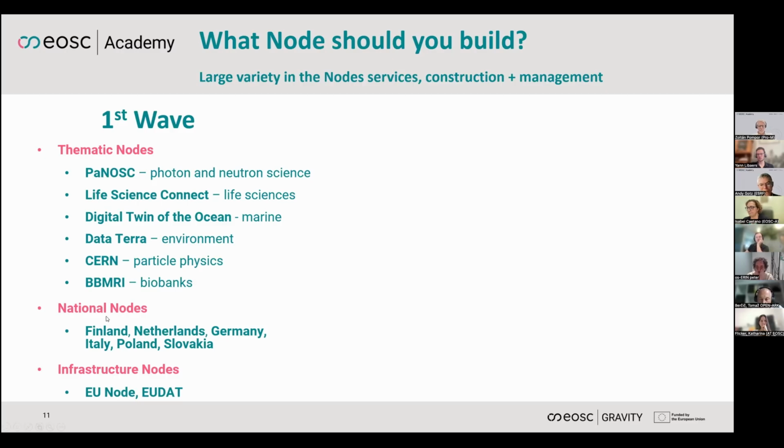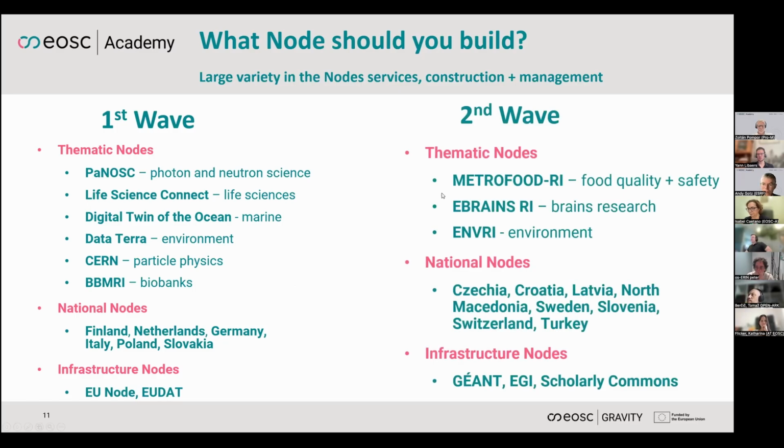Then you have national nodes, which are collecting or offering a common interface to national resources. And then finally, you have the infrastructure nodes, so the EU node and EU DAT. These were all part of the first wave. In the second wave, we got some more nodes as well. The second wave was agreed upon in May this year.